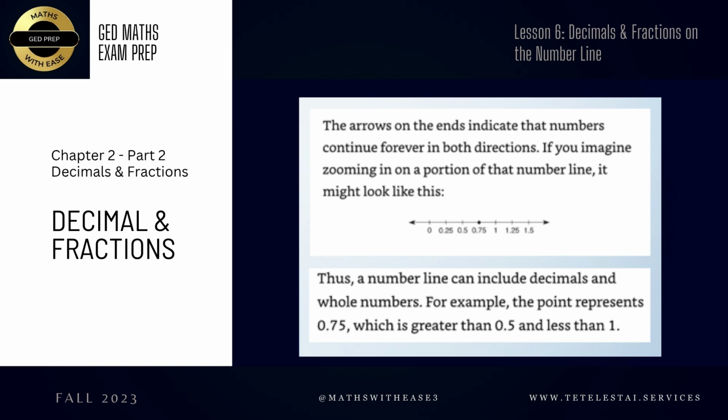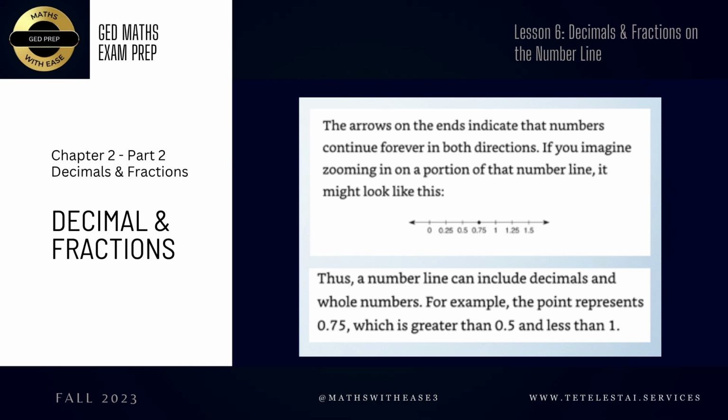So if you imagine zooming in on a portion of the number line, it would look something like this. If we zoomed in between 0 and 2, you would see 1 partitioned into smaller divisions: 0.25, 0.5, 0.75, 1.